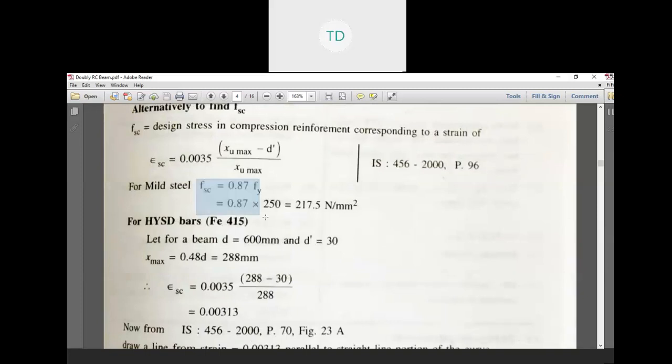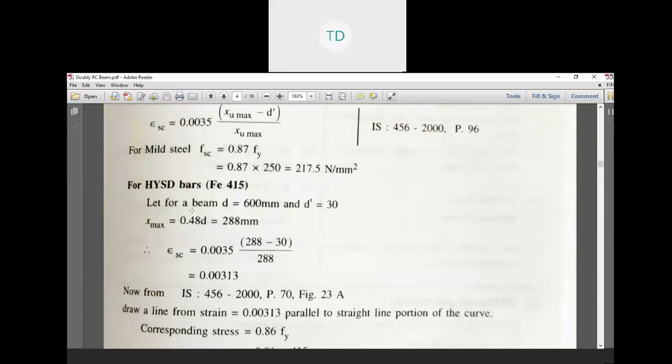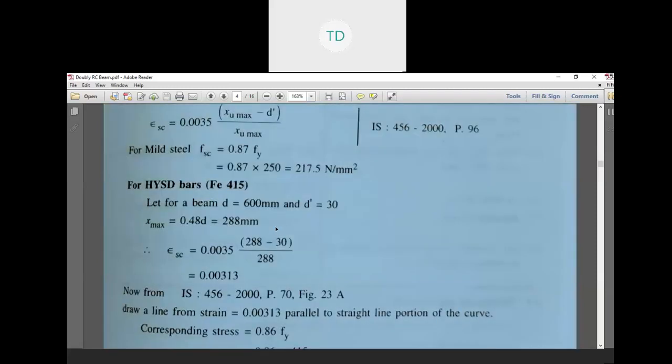This is fixed. But in case of Fe 415 and Fe 500, we can do some exercise. Let for a beam D = 600 mm and d' = 30. Xu,max = 0.48 d, so we can take 288 mm.